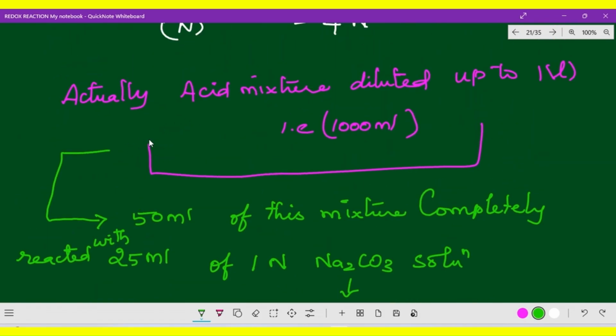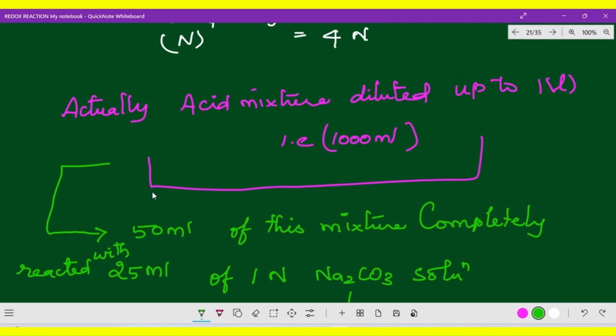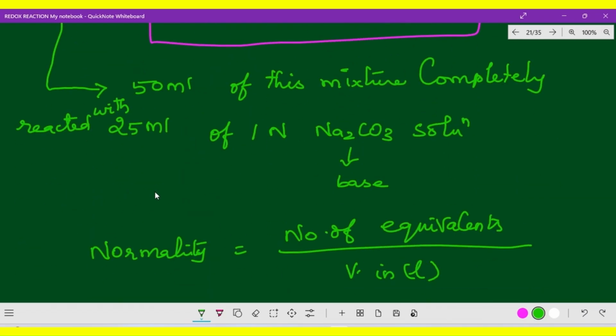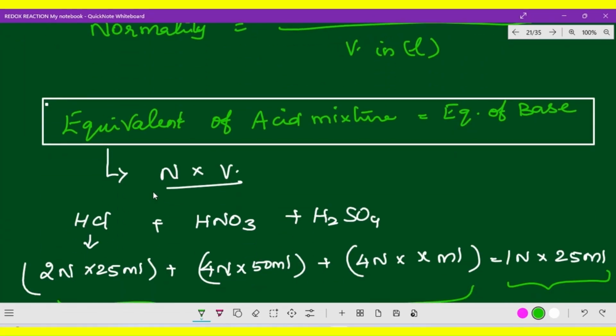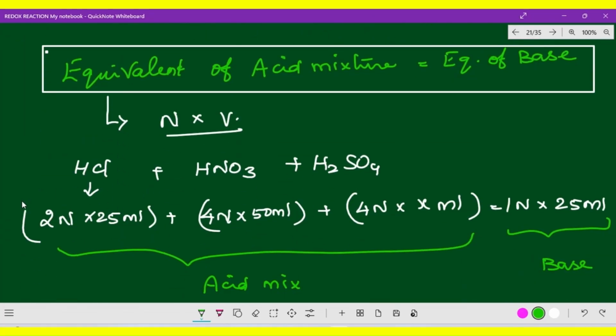So now I am going to introduce this point. The acid mixture is diluted up to 1 liter, that is 1000 ml. In that, 50 ml of this mixture is completely reacted with 25 ml of 1N Na2CO3.